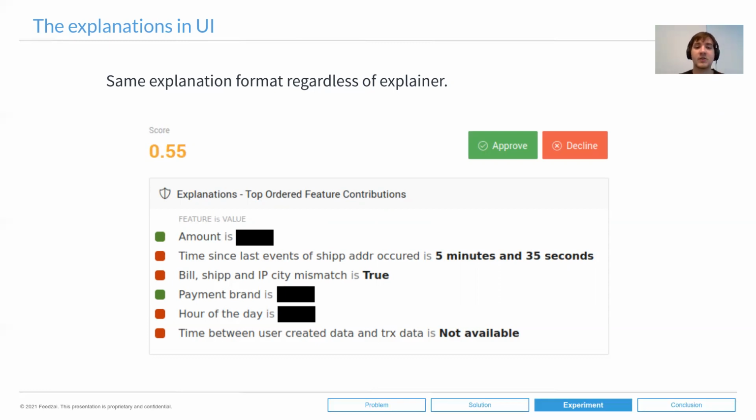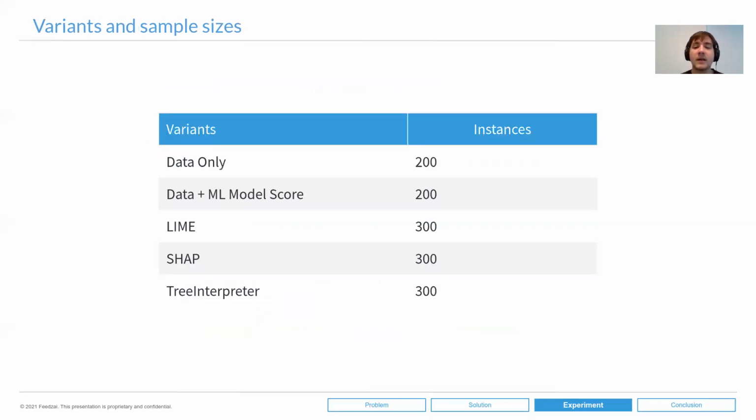And this explanation was basically indistinguishable between explainers. Each explainer produced similar outputs, and this was normalized in this way. So they were isolated between themselves with this type of UI. These were the sample sizes for each part of the experiment.